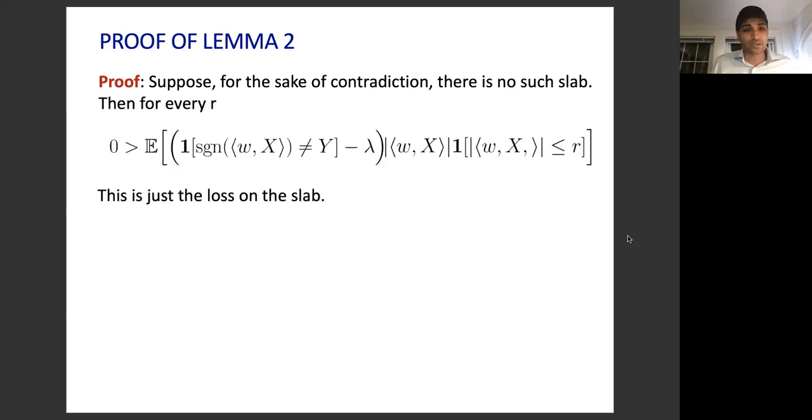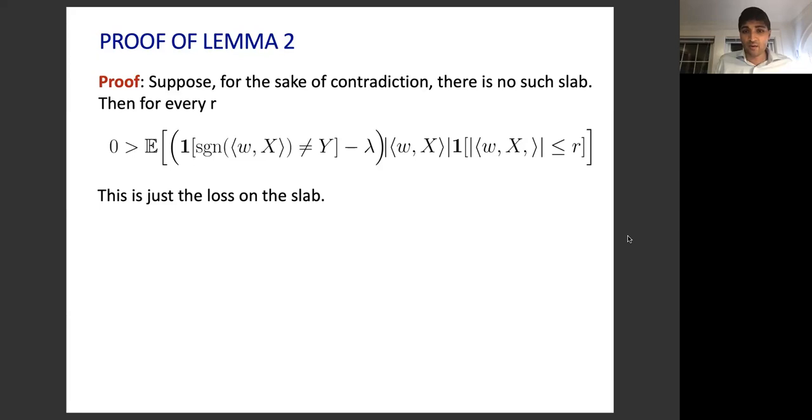So we can just write out literally what that condition means: for every choice of R, because that's how our slab is defined, that expression we had before, which defined the Leaky Relu loss, is by assumption negative. We're going to assume that it's negative for all R, and we're going to prove this contradiction that our error cannot actually be large.